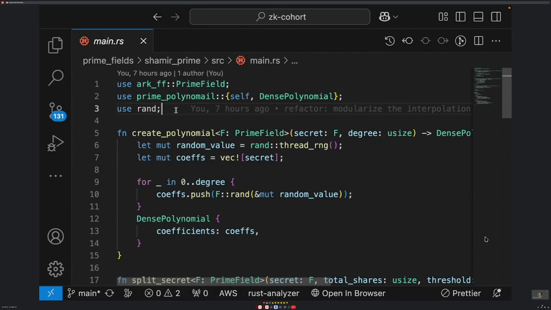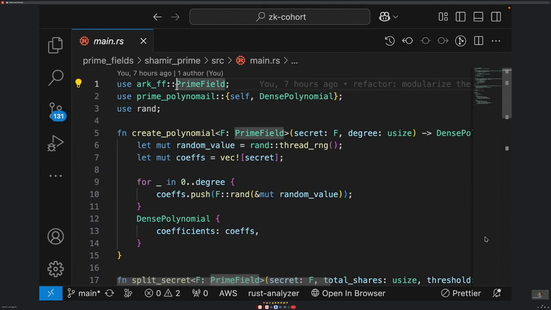So now, okay. Yes, prime. The package that is going to help you get the prime field. Okay, I'm just saying that I'm calling it prime field.